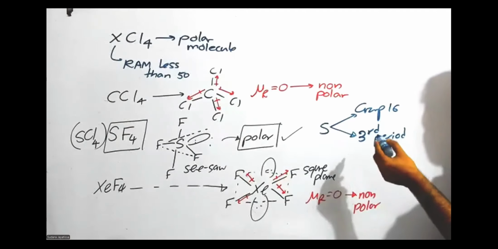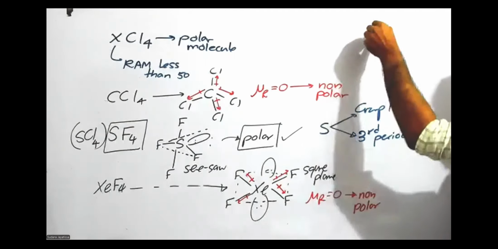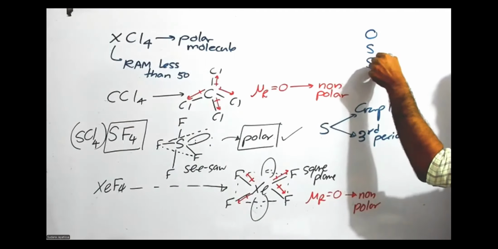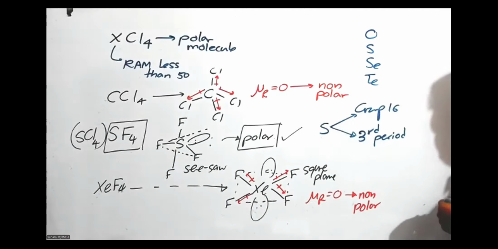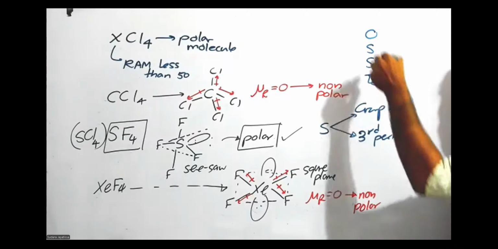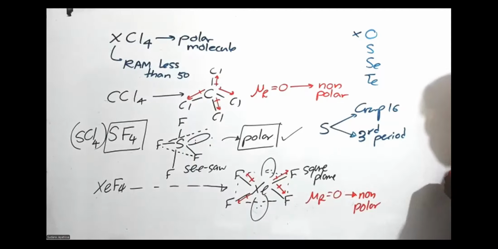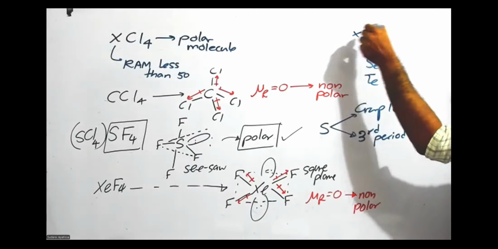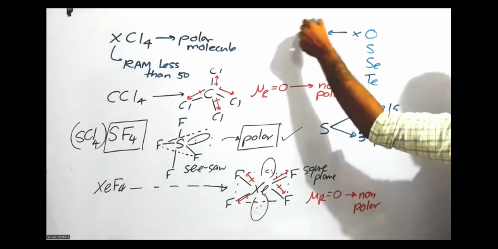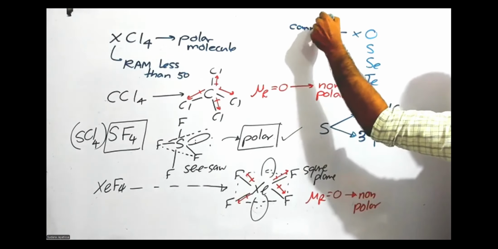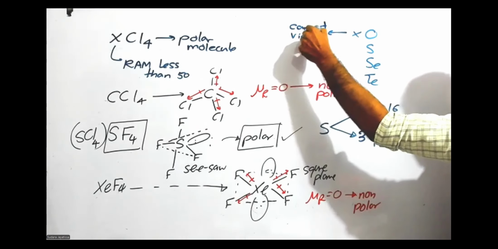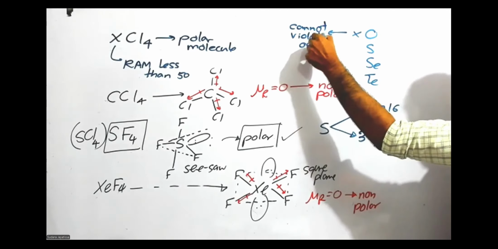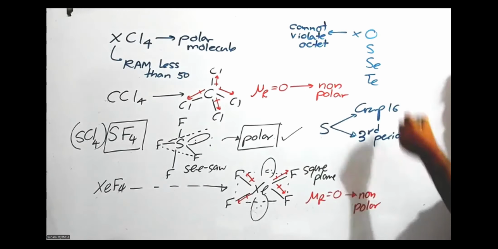If you take the group 16 elements, there are several: oxygen, sulfur, selenium, tellurium. You can't take oxygen because it can't make OF4. OF4 doesn't exist, since it cannot violate the octet. So OF4 is not going to be an answer.